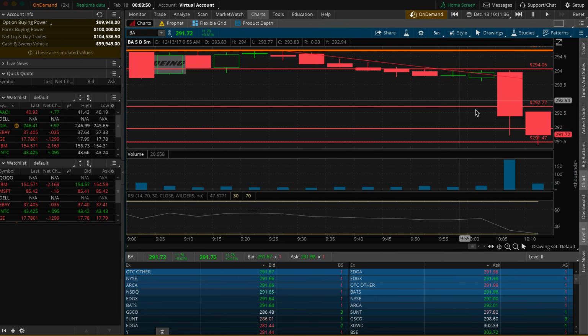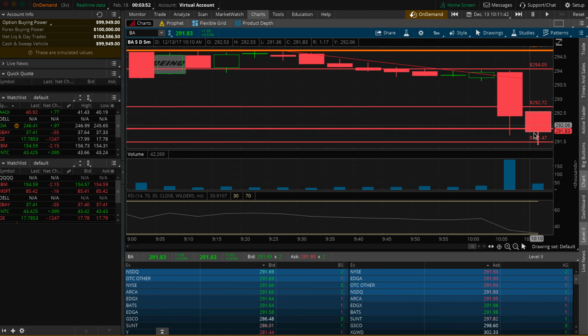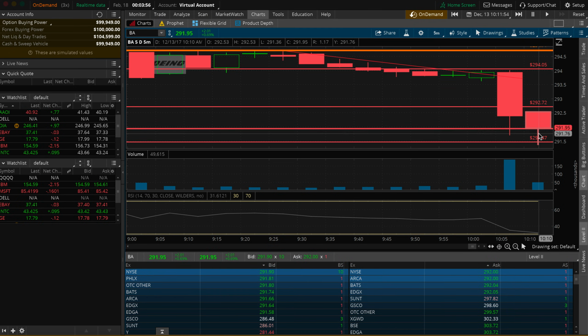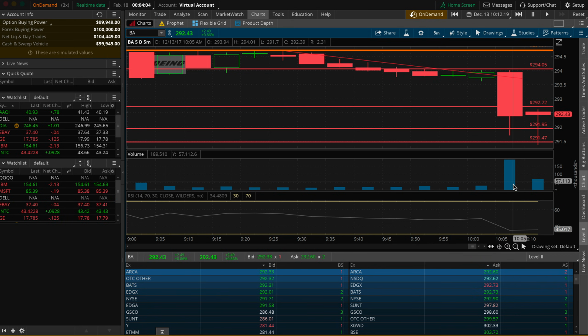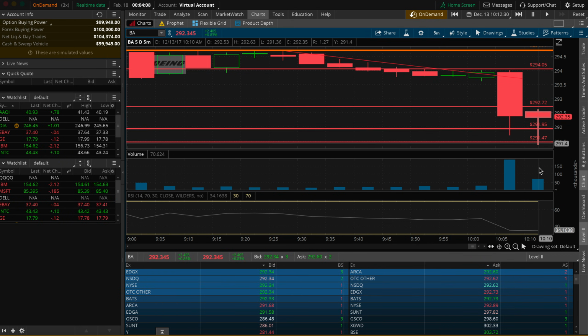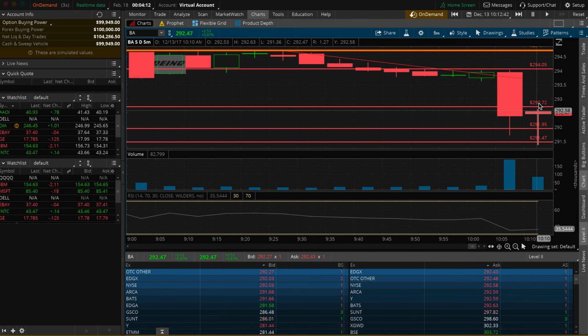Is that right? So this broke down to the downside quick. Major selling right there. Lost footing. Major selling. Look at that volume right there. Big volume. This one, big volume too, but this one looks like it's coming back. But this is our resistance right here.